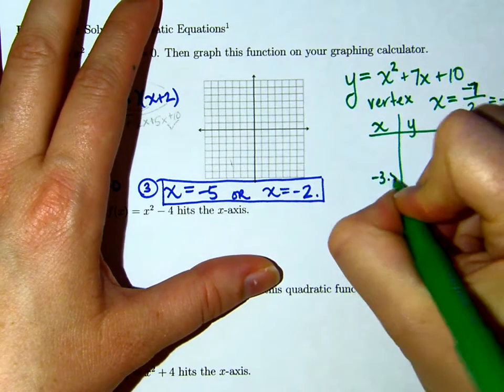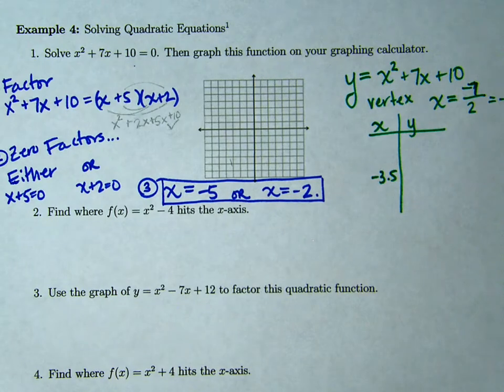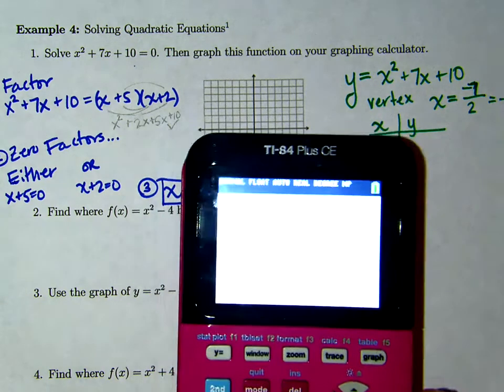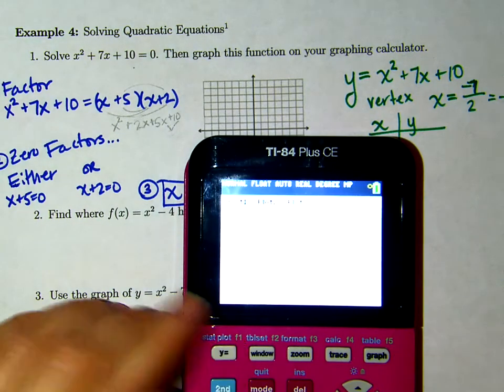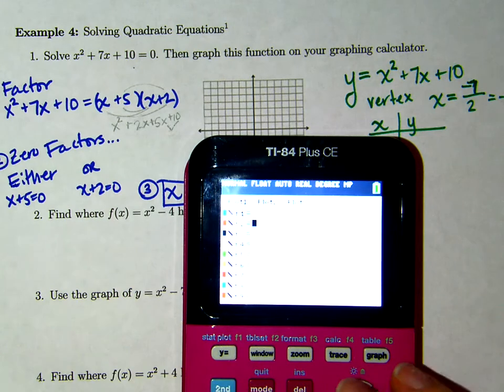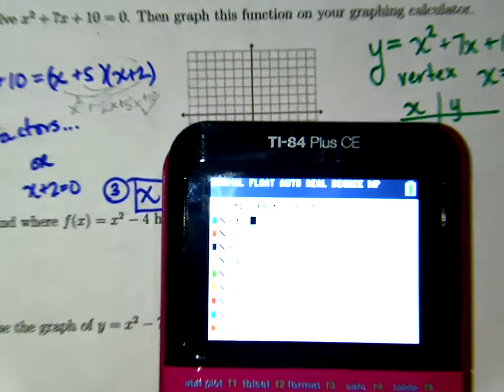So -3.5 is going to be in the center of this. And I'm going to go ahead and make a table of values using this because I really want you to practice doing that.